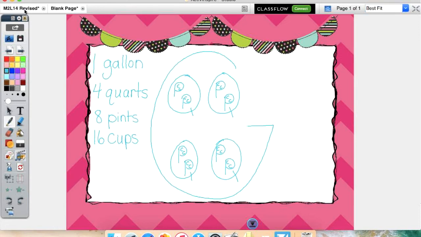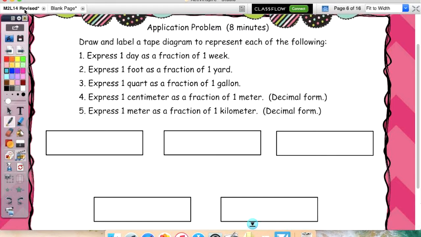All right, let's go back to the paper. So we're ready for this. We're going to draw tape diagrams today. I want to make sure I'm telling you right. Okay. So this first one says express 1 day as a fraction of a week. Now, previously, we have been converting 8 weeks equals blank days, correct?